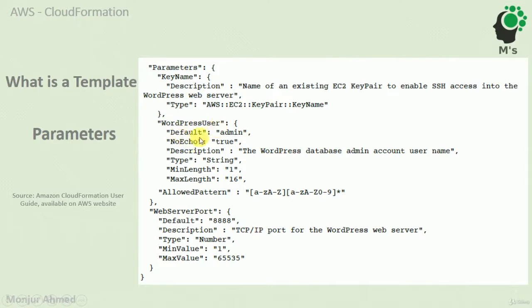You can give a default value and you can give other specifications, as you can see, what type of input it is, what will be the maximum and minimum length, and what pattern you are going to allow. You can also define the web server port, which port is the default, and what could be the minimum value of the port and maximum value of the port, and so on.